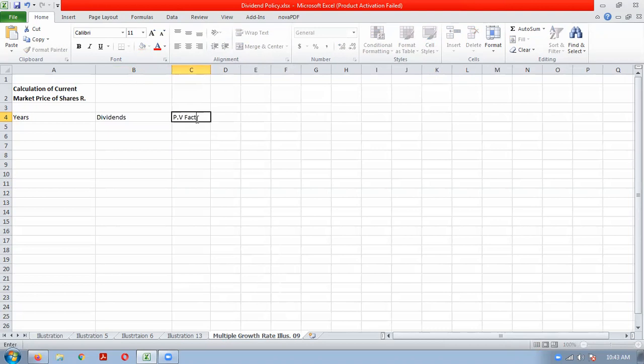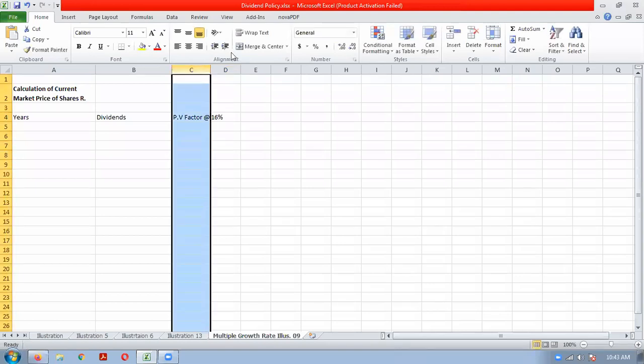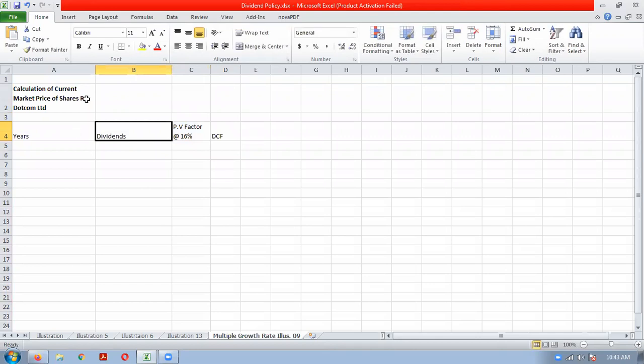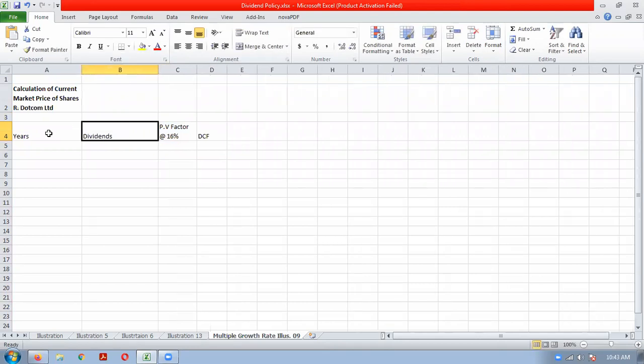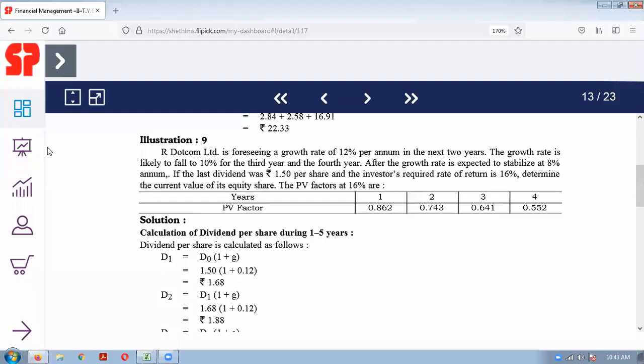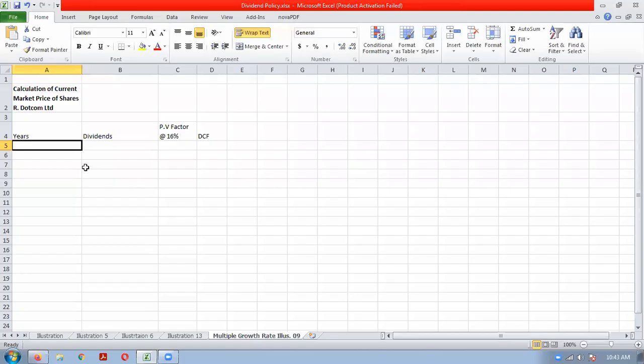PV factor at the rate of 16 percentage, which is given in the illustration only. Discounted cash flow. So year, see how many years are given. First 2 years, that is year 1 and 2, and third and fourth year. So 4 years are there in this question.